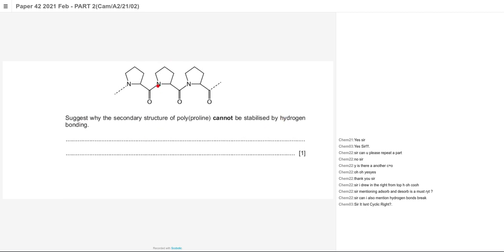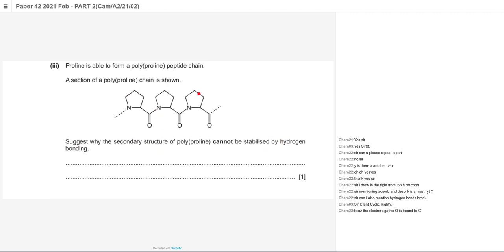You can see it's very difficult to form hydrogen bonds because the primary structure gets coiled. Beta pleated sheet structure forms intra-hydrogen bonds, or alpha helix structure forms inter-hydrogen bonds. Those intra and inter-hydrogen bonds are quite difficult because of steric hindrance, because it's cyclic, a bulky group attached to nitrogen.